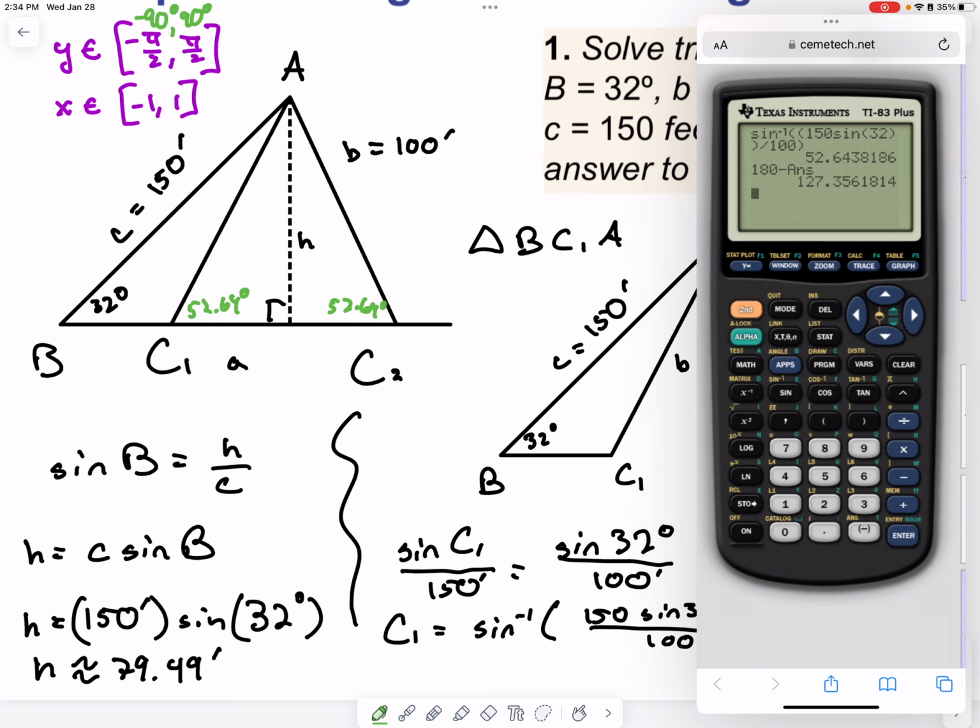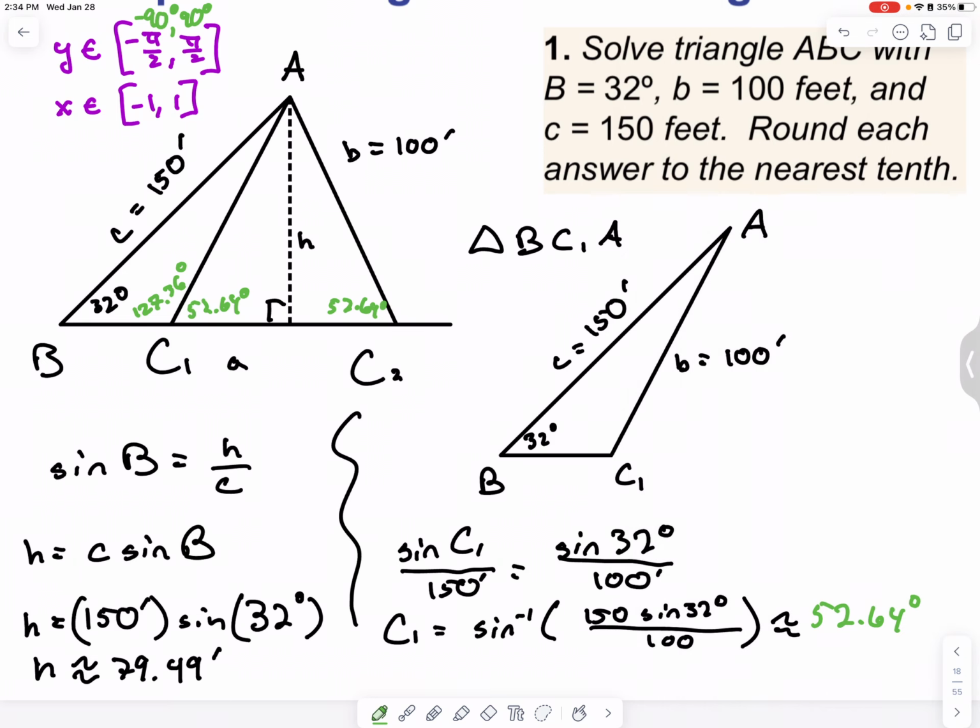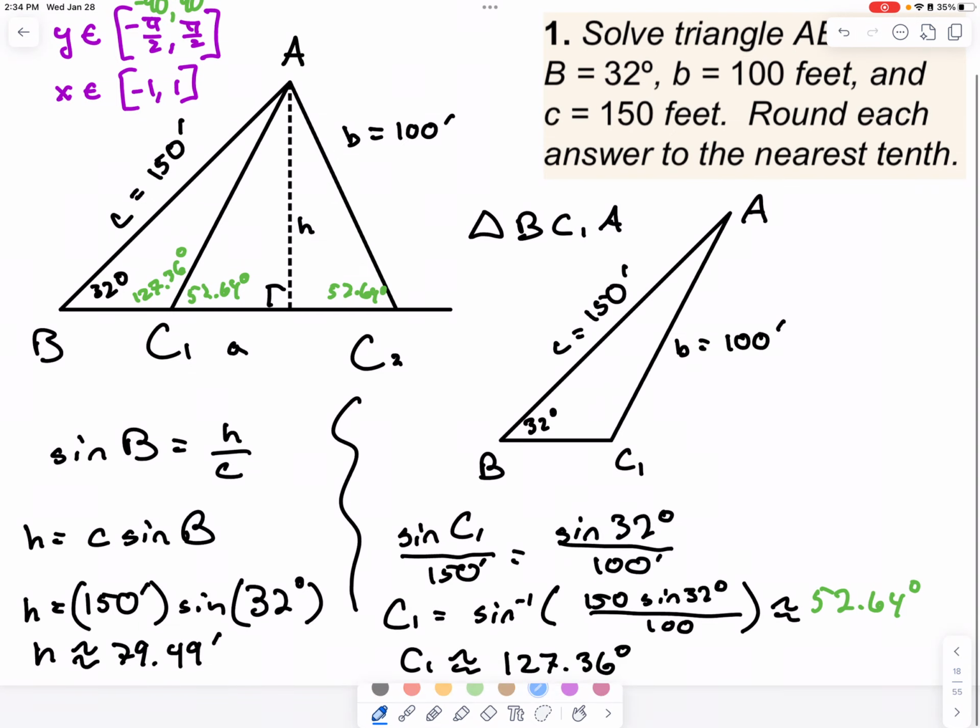We get 127.36 degrees for C1. That's what we got, so C1 is 127.36 degrees. We're going to go with that.